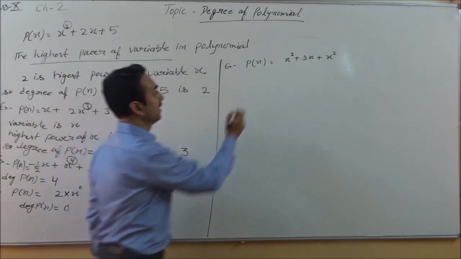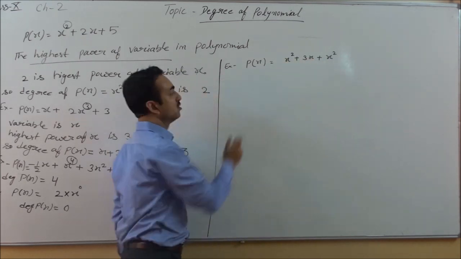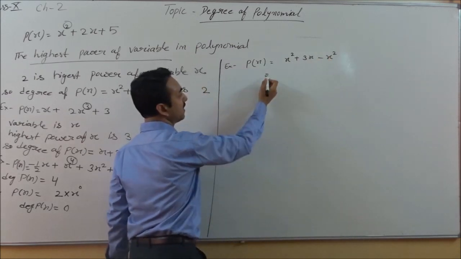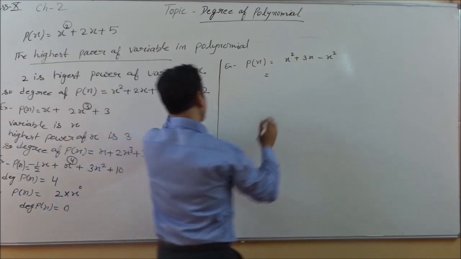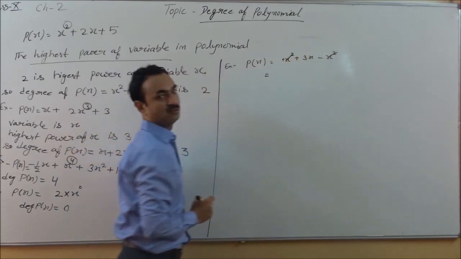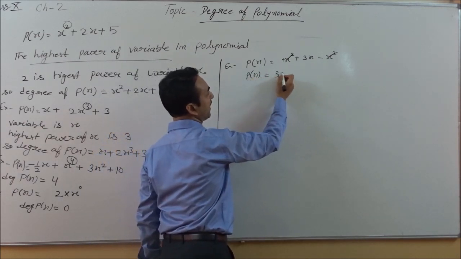Here is x square and here is also x square. Suppose we take a minus here. First we simplify this polynomial to find the degree. Plus x² and minus x² will cancel out, so the remaining is only p(x) = 3x.